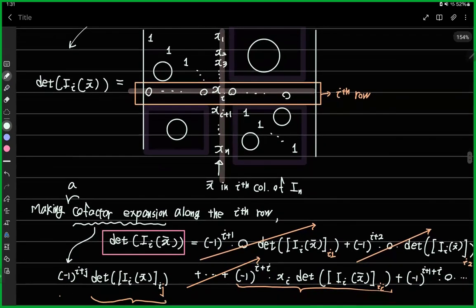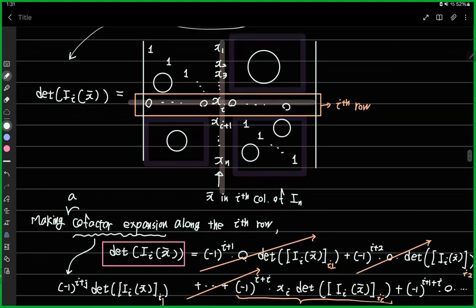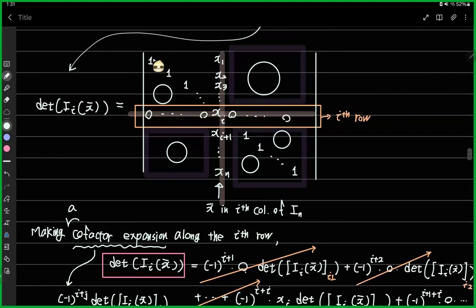So along the ith row, the determinant of I sub I of x is equal to minus 1 to the I plus 1 times 0, where 0 is from the first entry in the ith row, times the determinant of the cell matrix removing the ith row and the first column.